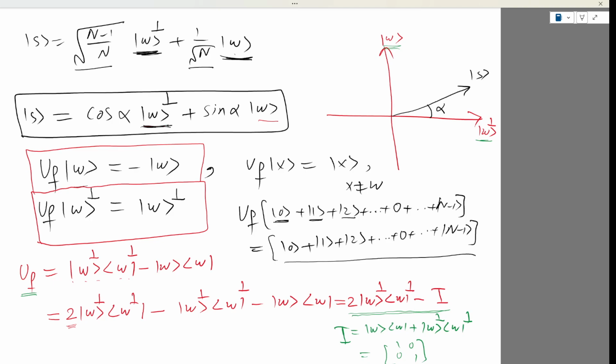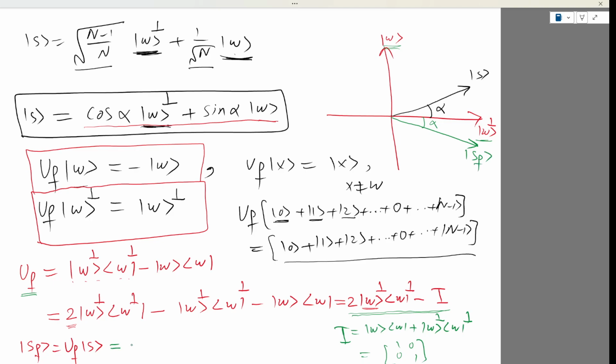Okay, so it means that if I apply this UF operator to our S state, it will simply reflect it around this W perpendicular axis, which means that I have this state S over here, and after reflection around this axis W perpendicular, this would become a state like this, making the same angle alpha, and let's call it SF.